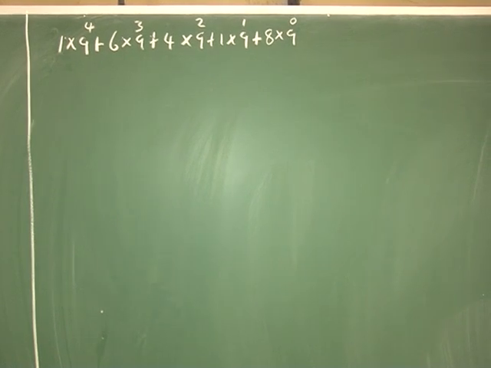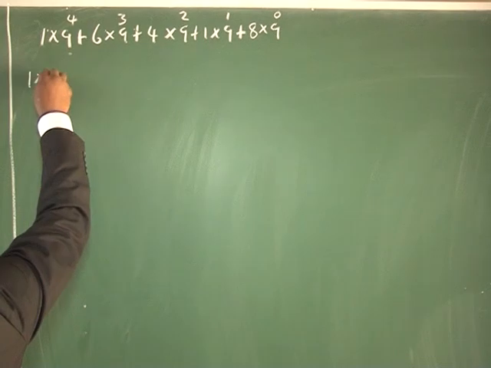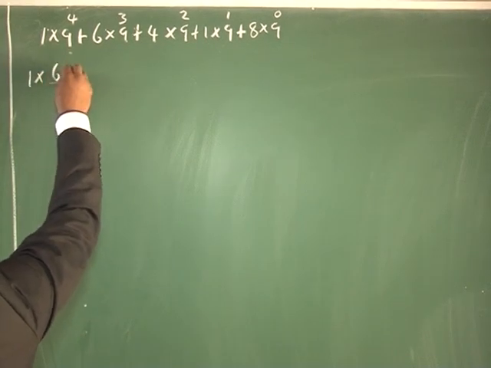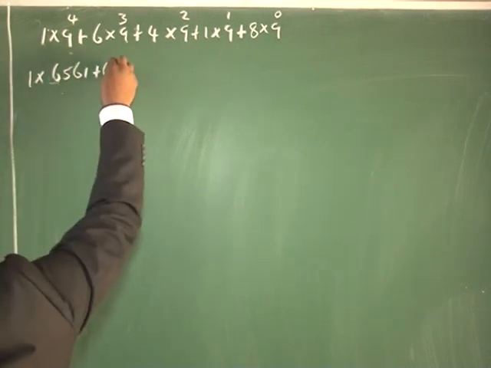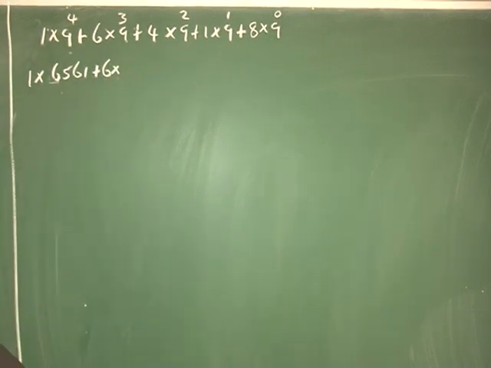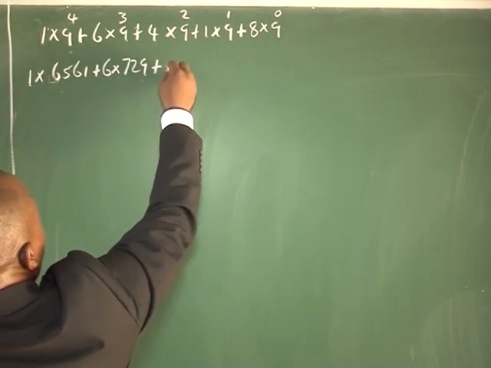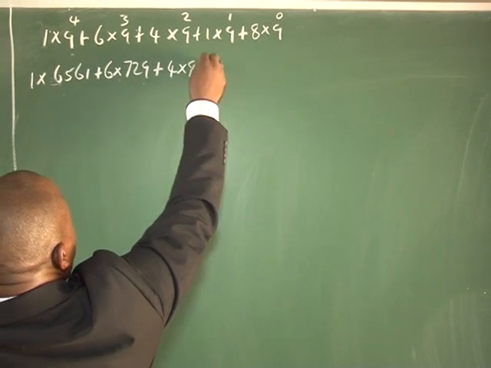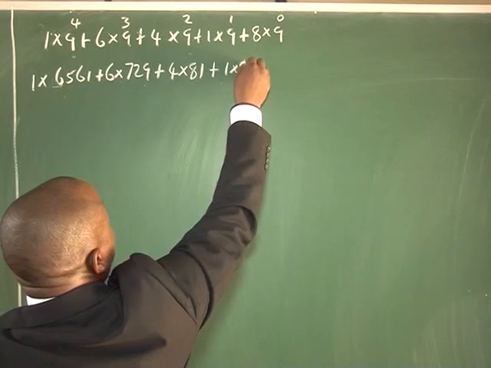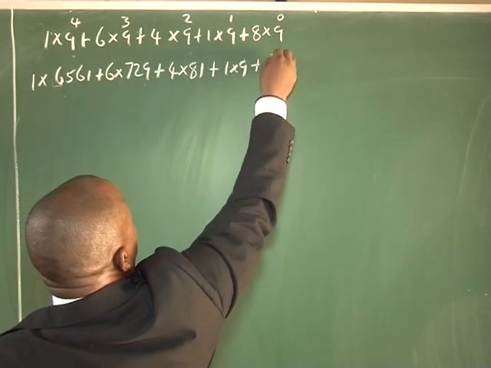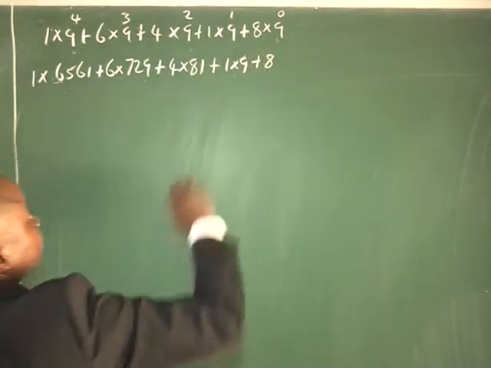And we have seen that 9 raised to 4, we have 1 times 6561 plus 6. 9 raised to 3 giving us 729. 4 times 81, that is 9 raised to 2 plus 1 times 9 plus 8. Why is it 8? Because 9 raised to 0 is 1 times 8 is 8.